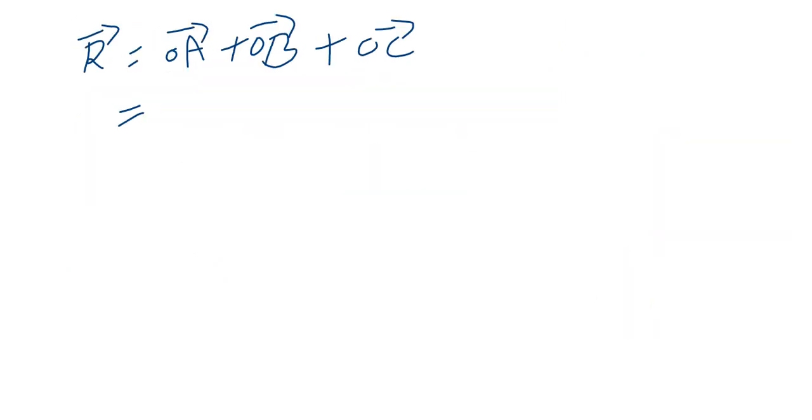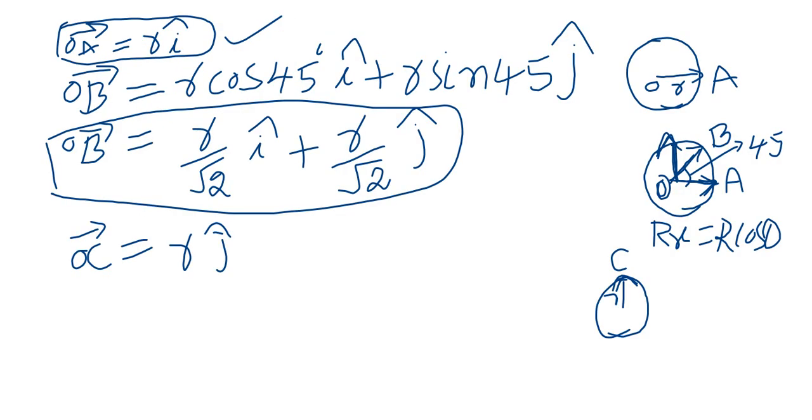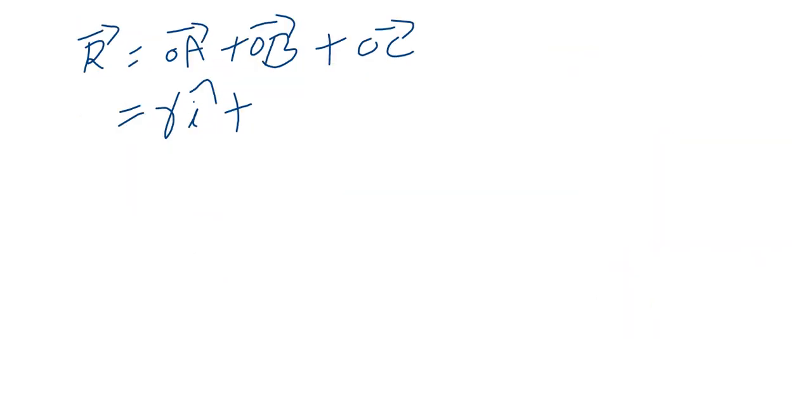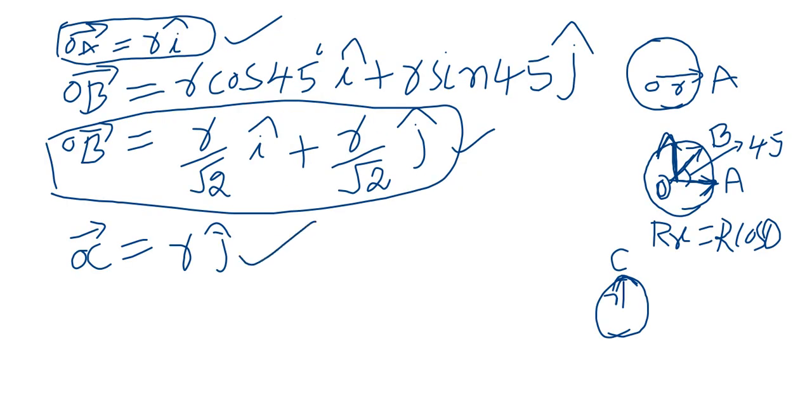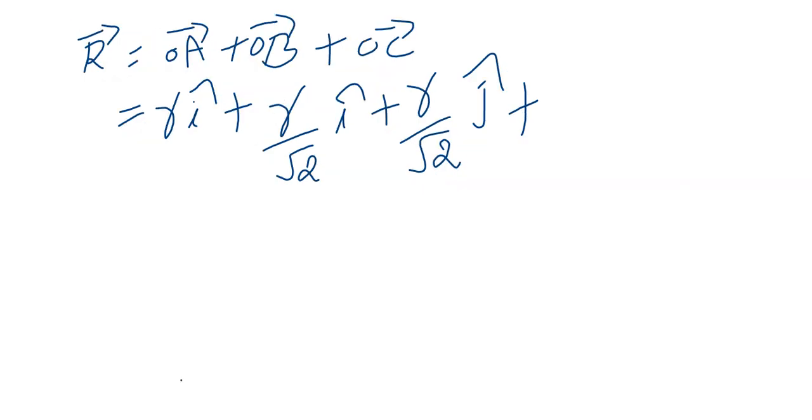R i cap plus the value of OB bar, R by root 2 i cap plus R by root 2 j cap, plus R by root 2 i cap plus R by root 2 j cap. The value of OC bar is R j cap. Plus R j cap.